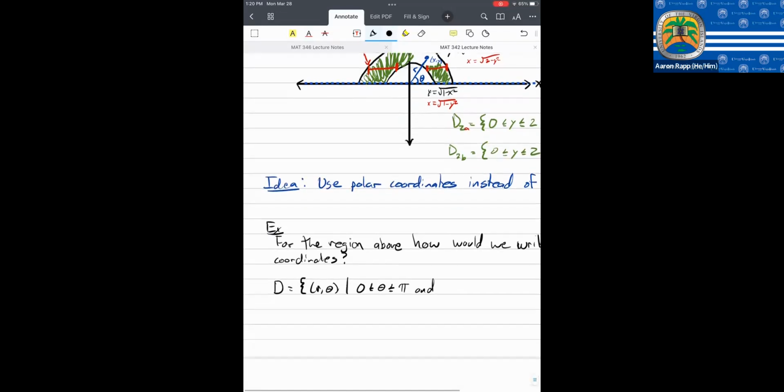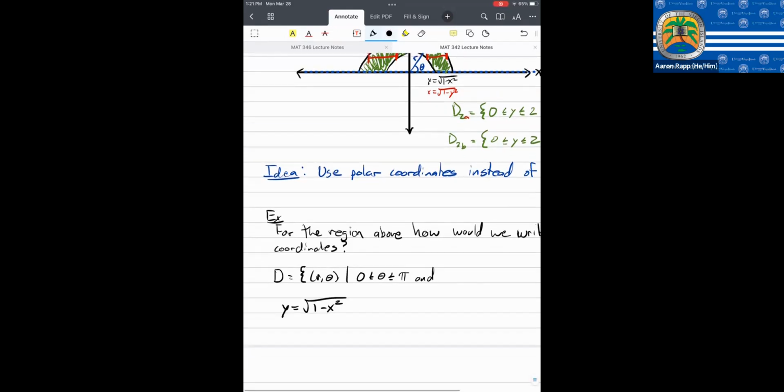Which means if I look back at these functions, y is equal to the square root of 1 minus x squared. That means I can turn this into an equation of the circle, and I know from the equation of the circle how to quickly determine what the radius is. If you're really familiar with semicircle equations, you could also get the radius just from the equation itself. But I square both sides.